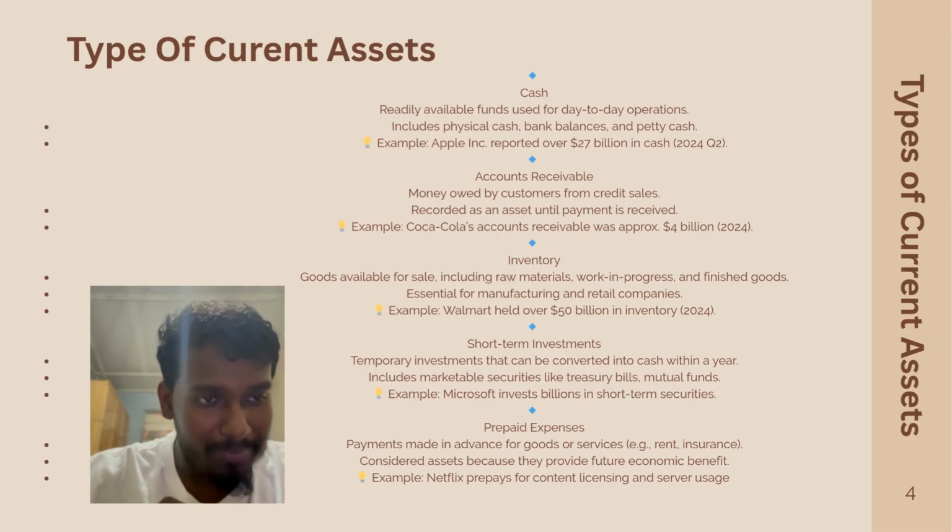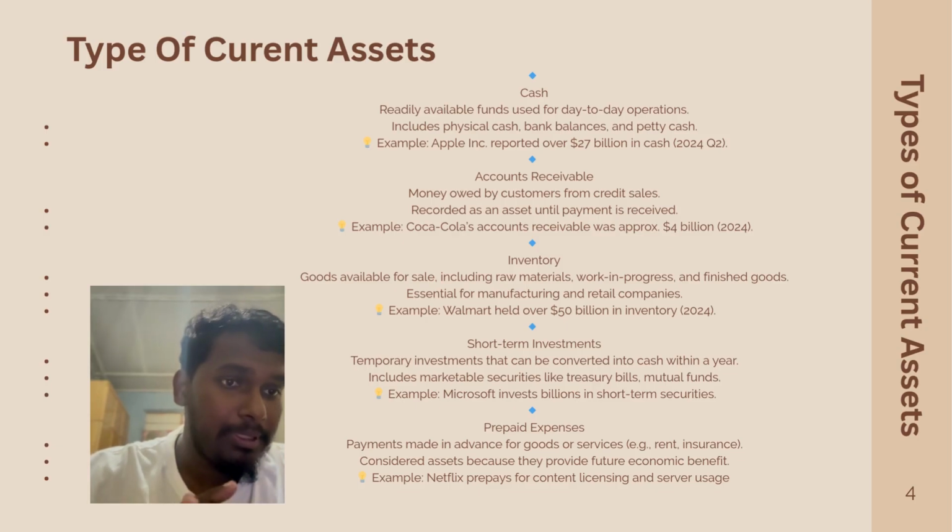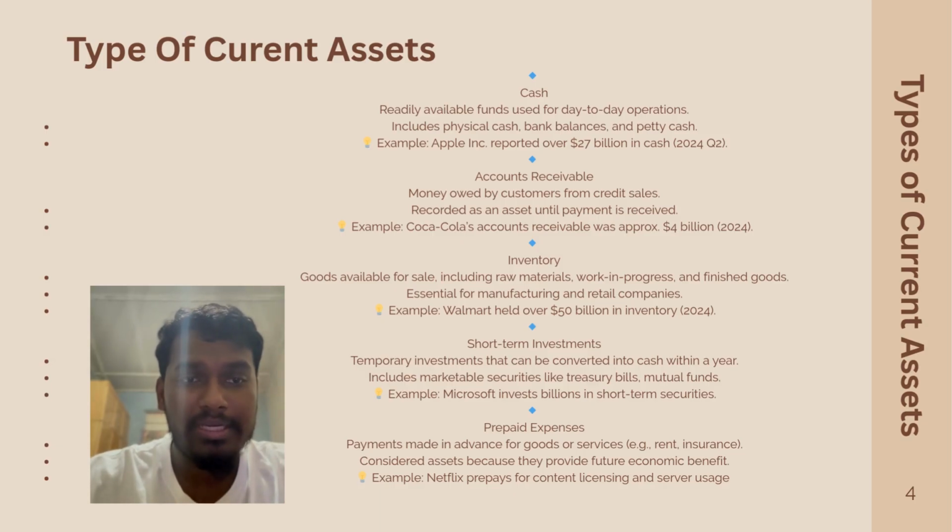This refers to payments made in advance for future services like insurance or rent. It's still considered an asset because it will benefit the company in the near future. For example, Netflix prepays for content licenses and servers.